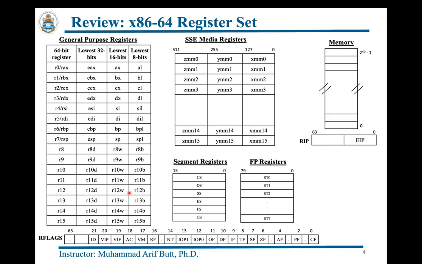Well, this slide shows the register set of x86-64 microprocessor: the 16 64-bit general purpose registers, the flag register, the 6 16-bit segment registers, 8 80-bit floating point registers, 16 128, 256 or 512-bit SSE media registers, and finally this 64-bit RIP register containing the logical address of the next instruction to be executed.